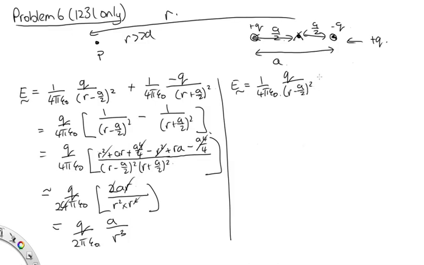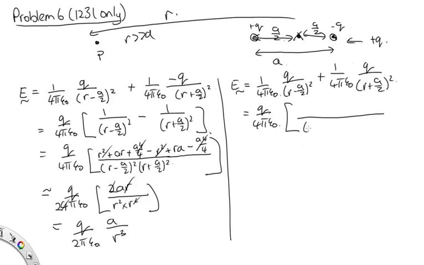But then this one becomes positive, so it's 1 over 4 pi epsilon naught Q over R plus A over 2 squared. Okay, so now adding those two together, we have Q over 4 pi epsilon naught, R minus A over 2 squared, R plus A over 2 squared.